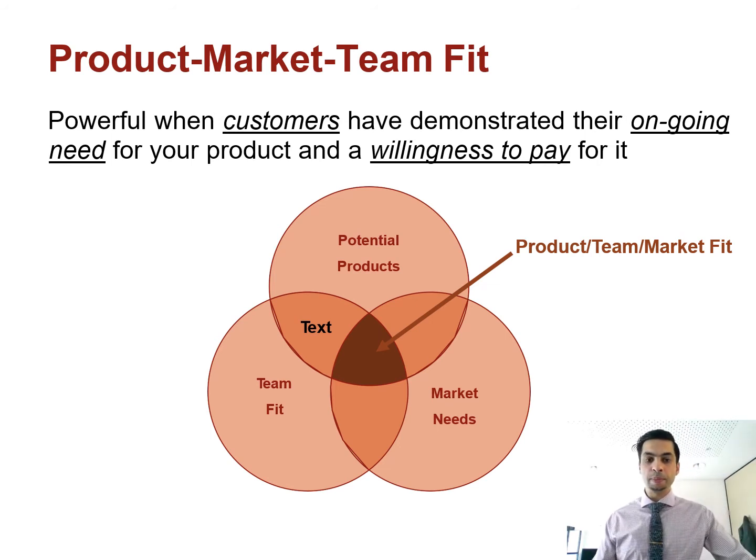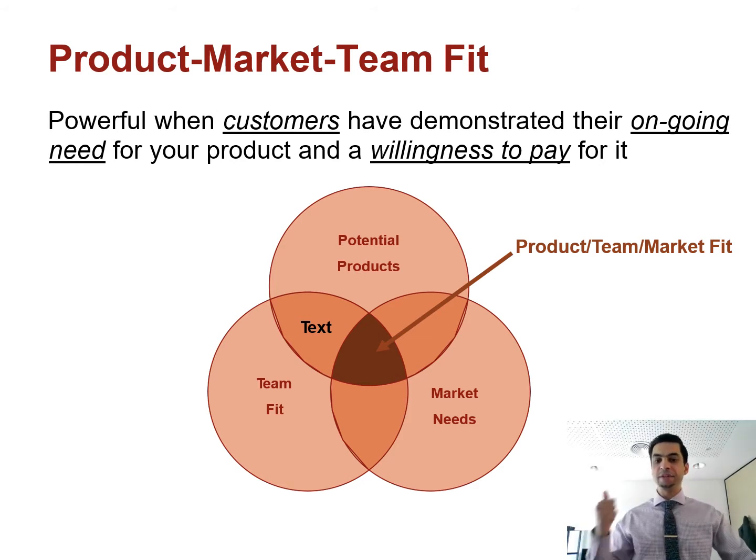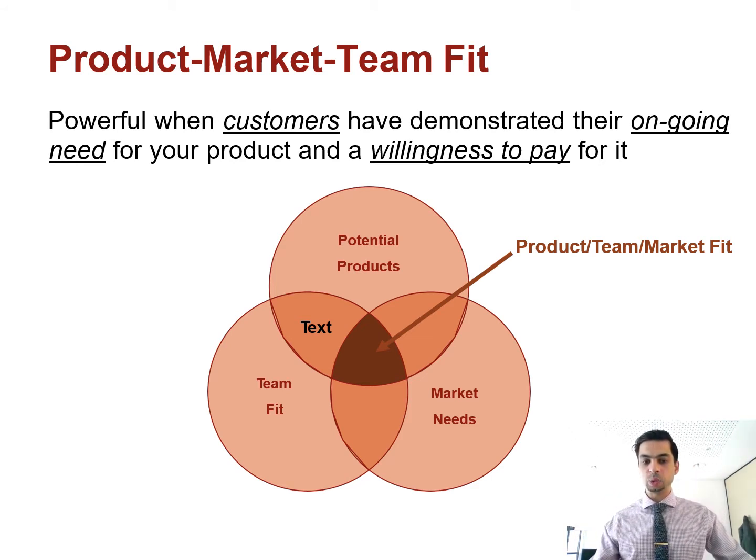It's powerful when customers have demonstrated their ongoing need for your product and a willingness to pay for it. When you have these three components together, that's the sweet spot. You've got potential products, you've got a team that fits, and you've got the market needs, and all of these align. When these align, you have product-market-team fit, and that is known as the sweet spot.